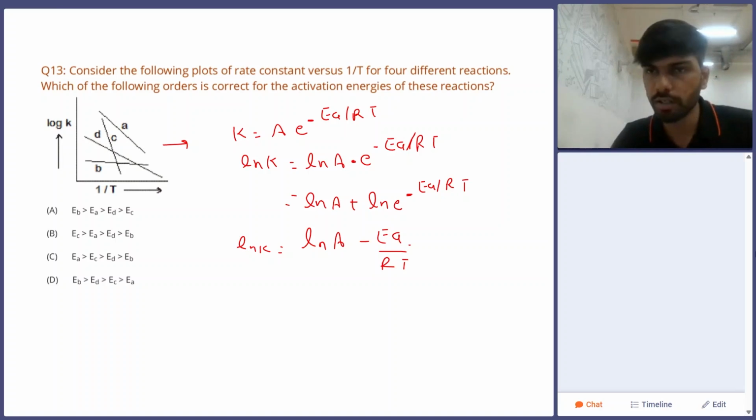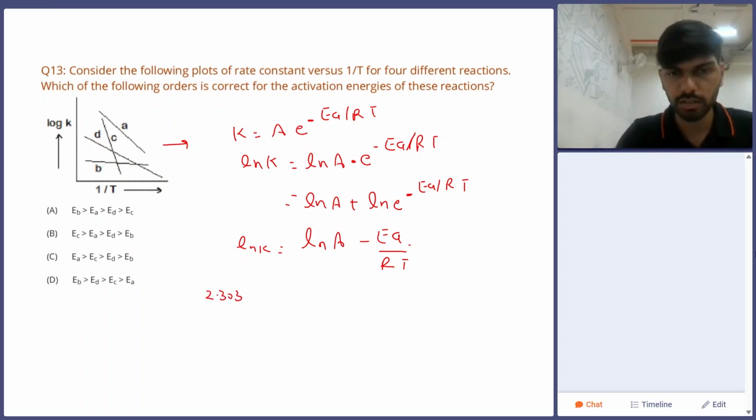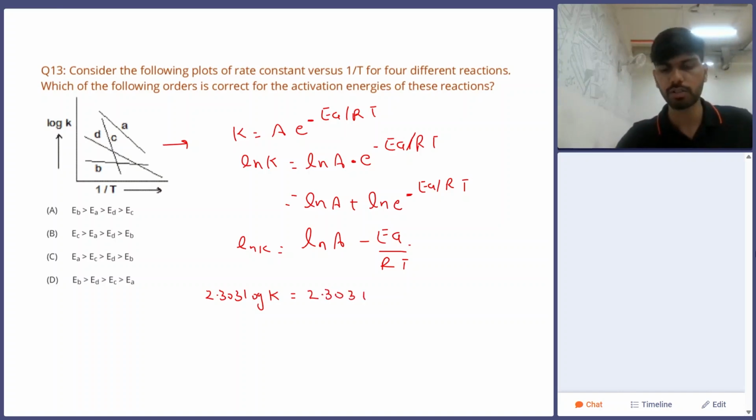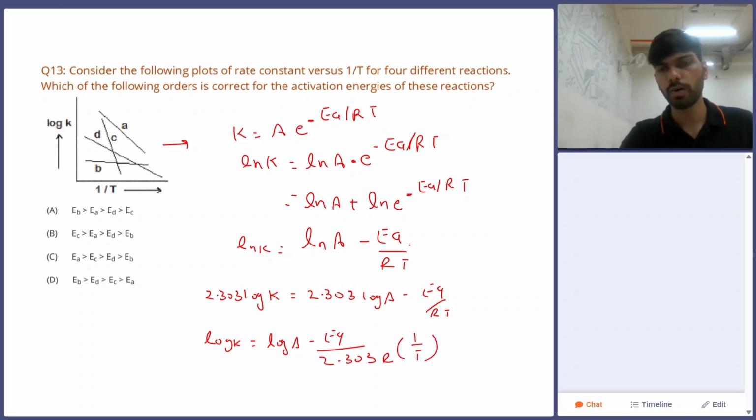Converting with 2.303, log K is equal to log A minus EA upon 2.303 R times 1 by T. So the slope that I will get, comparing with y is equal to c minus mx, is negative.